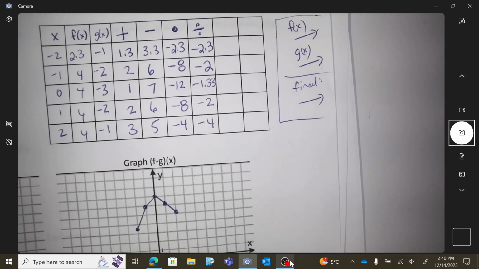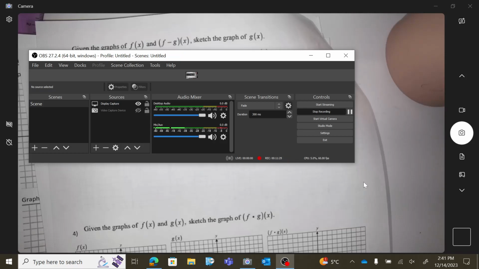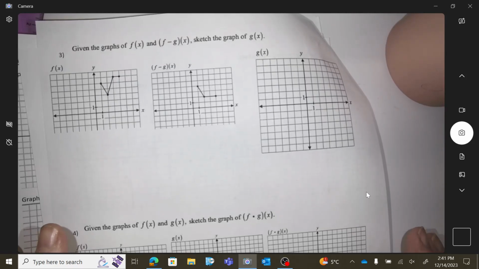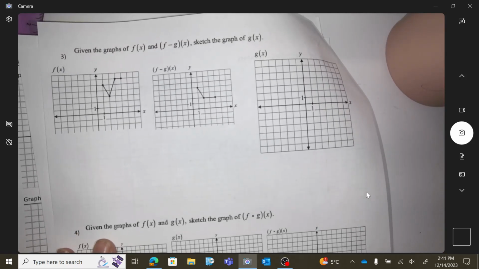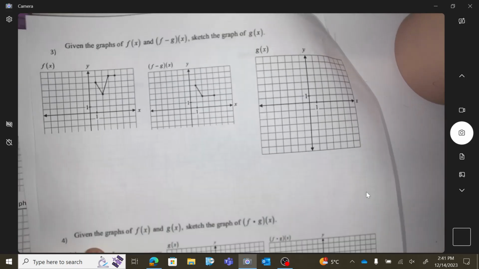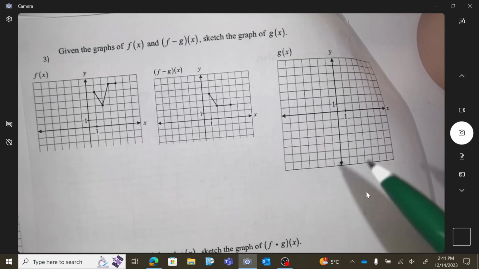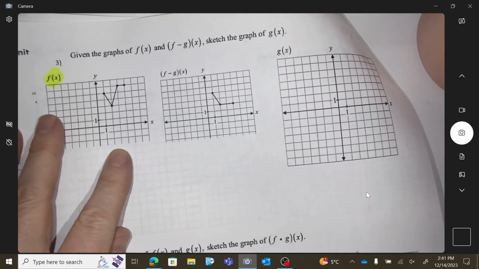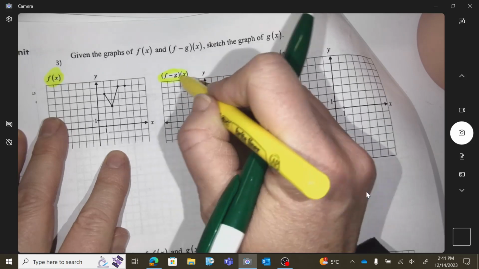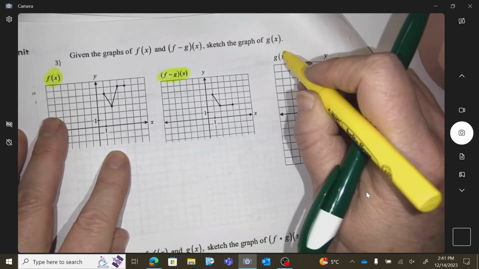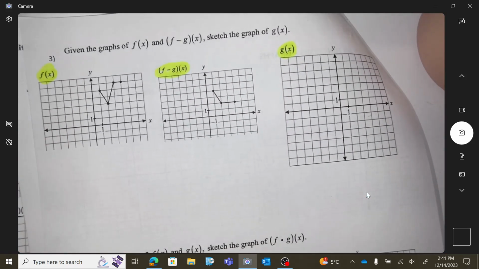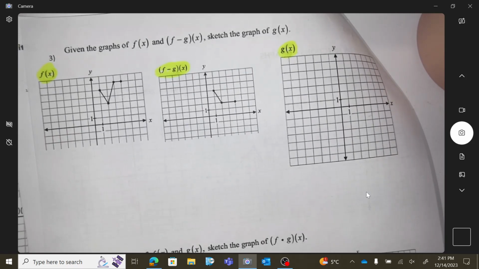Okay, I think I want to try one together. Top of page 2, question 3. We have given f of x. So this one is the f of x. And this one is the f minus the g. And this time we're trying to find g. So we're going to be working backwards.